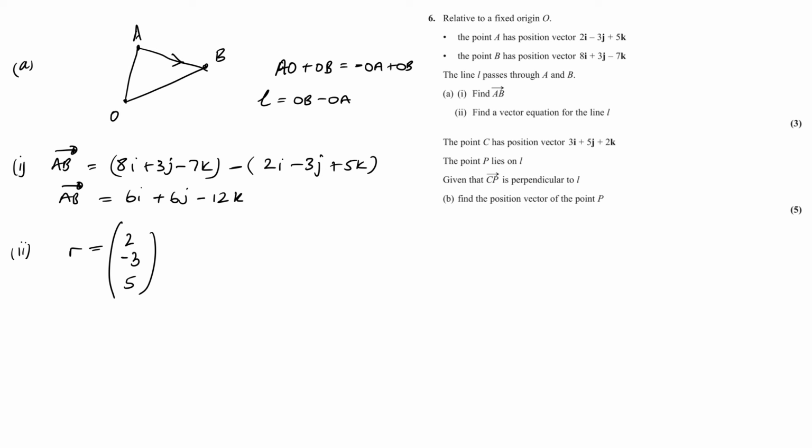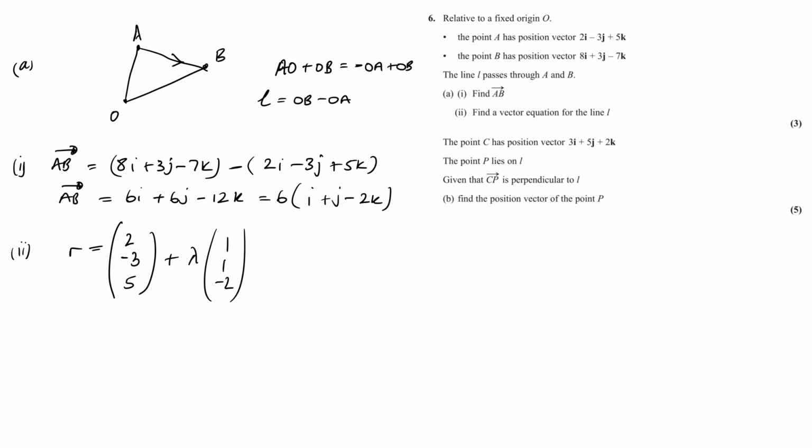Okay, so this one, if I just go back to it, you can see 6 is a factor. So I could take 6 out and have i plus j minus 2k, like that. So plus, and then we want, say, lambda, and then 1, 1, minus 2. Because that's just 6 times it. So this is just the direction, doesn't matter about the number.